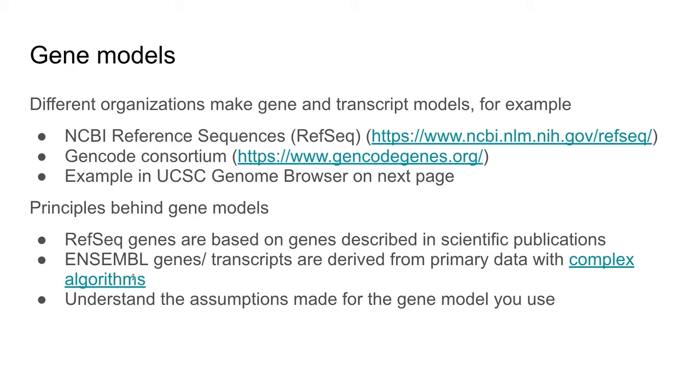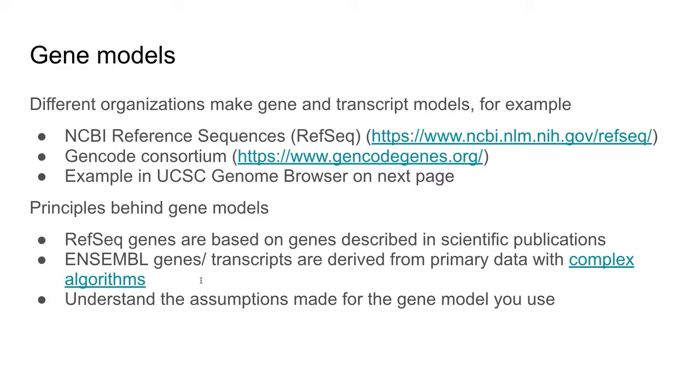Other definitions, for example, by Ensembl, by the European Bioinformatics Institute in the UK, they define genes in a different way. They have complex algorithms, which are like pipelines, which are collecting a lot of primary data. And then they use these primary data and combine them in clever ways to come up with genes and also transcripts.